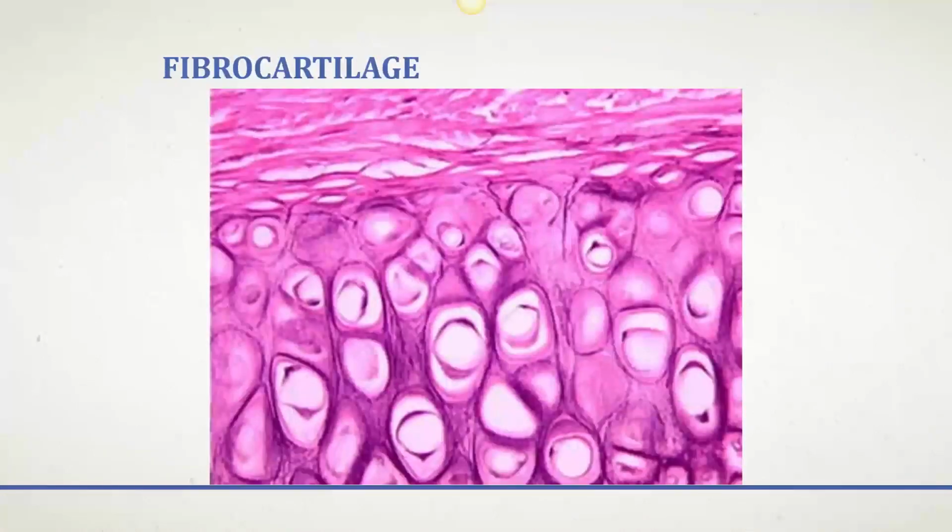And here's fibrocartilage. Fibrocartilage has these very large cavities, and the chondrocyte is pretty large and takes up a big chunk of what's inside of that cartilage. Fibrocartilage is located in the discs that exist between the vertebrae and in the pubic symphysis.